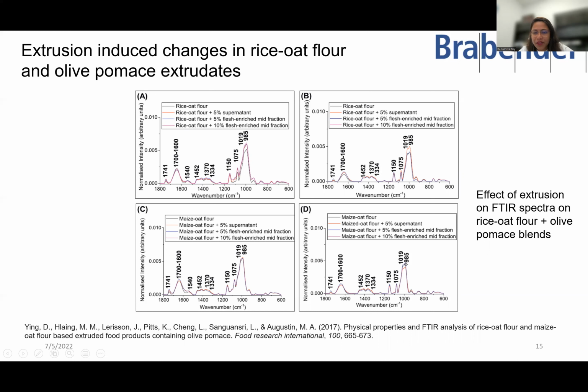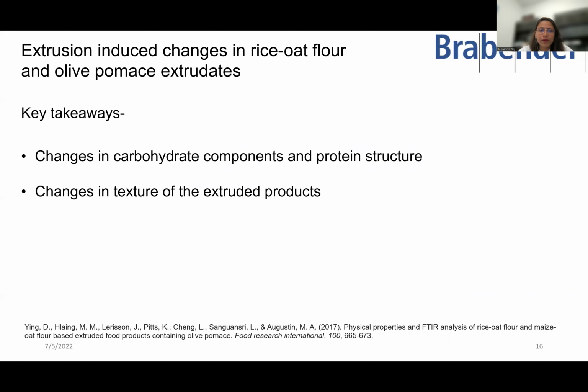If you see, we are definitely seeing some changes in this region, especially the fingerprint region, but it's not very stark or very significant to talk about or come to a very concrete conclusion. So the key takeaway from this study is that, again, the authors mentioned the changes in the carbohydrate components and protein structure and the changes in the texture of the extruded products.